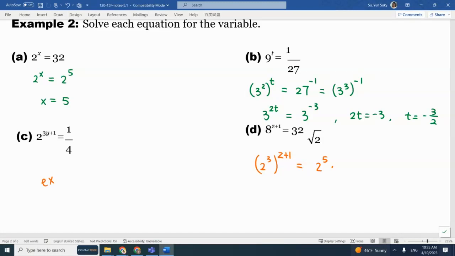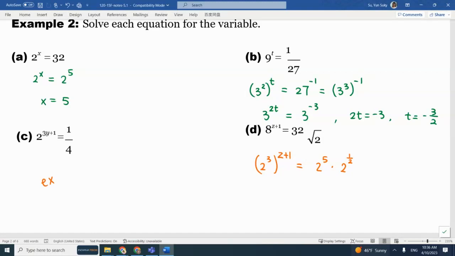And then you see this number is 32 times, what is square root of 2? 2 to the 1/2. Right, everybody? Square root is to the 1/2. Right? The cube root is to the 3rd. Right, everybody?